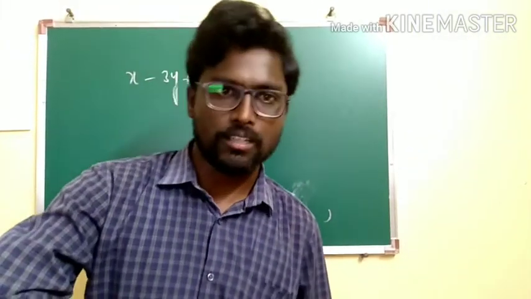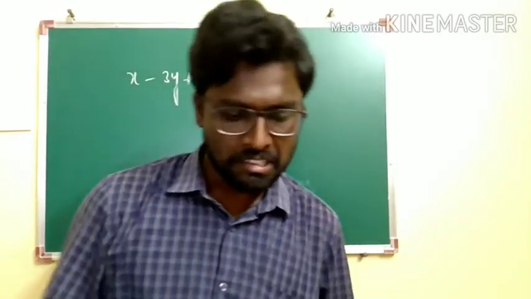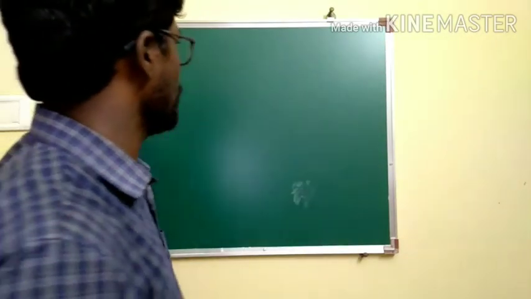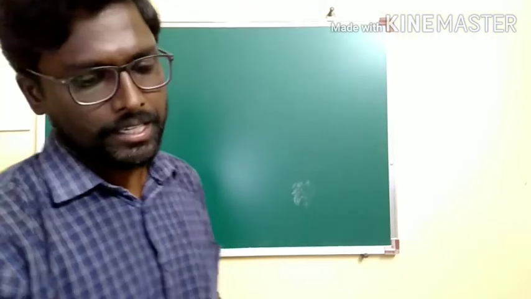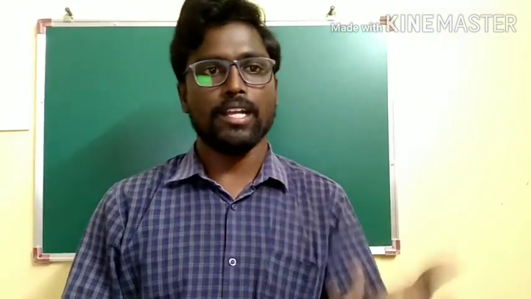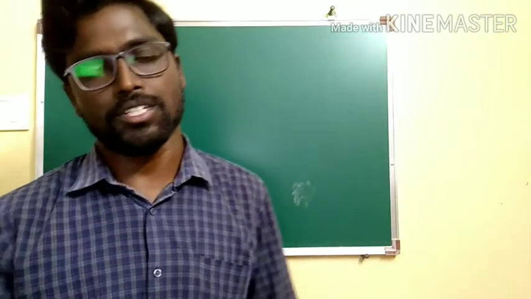I will see how many of you are going to try. If I give you the idea now, there is nothing for you to solve from your end. Fine, I just gave you a small idea: if some h comma k is a mirror image of some given point, what is there with respect to the line x minus 3y plus 4 equal to 0, how will you solve for that coordinate? That is the logic here.